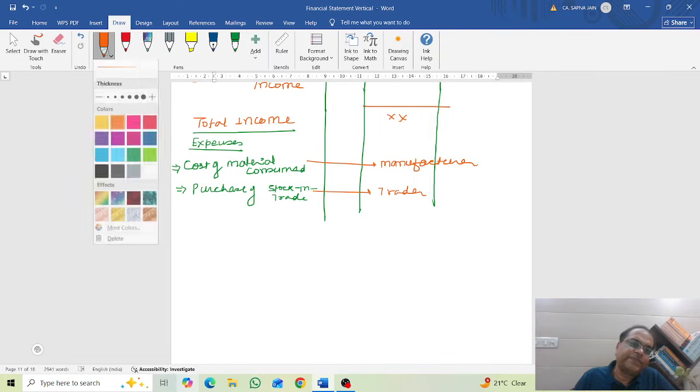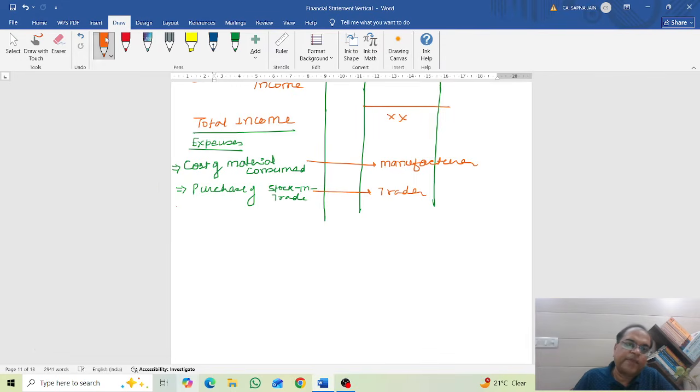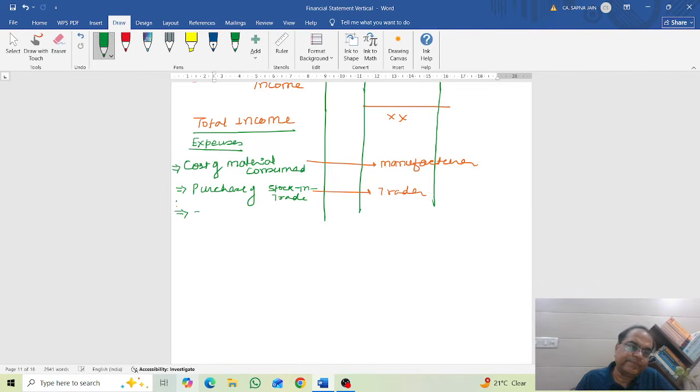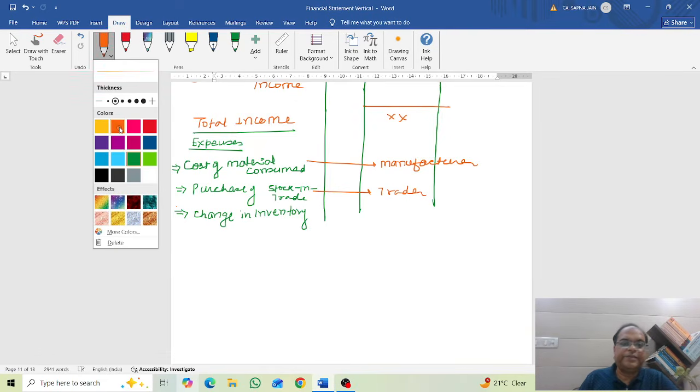Third is change or difference in inventory. Change or difference in inventory.